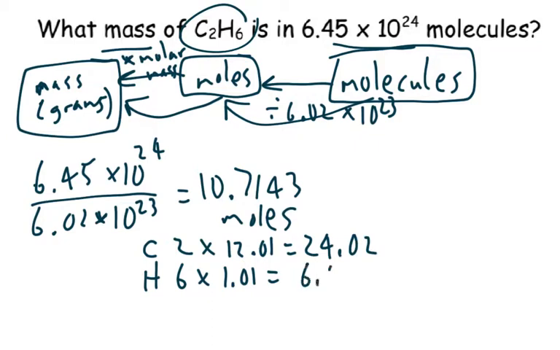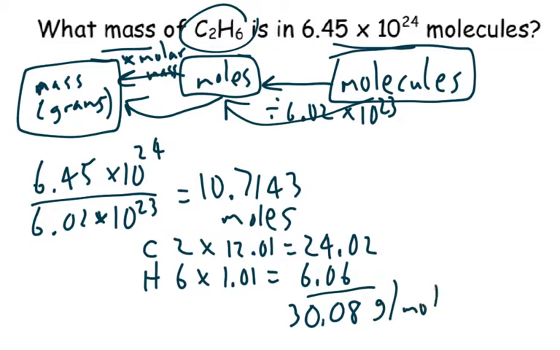This is 6.06 over here. Okay, now we're going to add these up. Whoops, sorry about that. Let me fix that up here. This is a 10 here, and that will become a 3 over here. So it's 30.08 grams per mole.